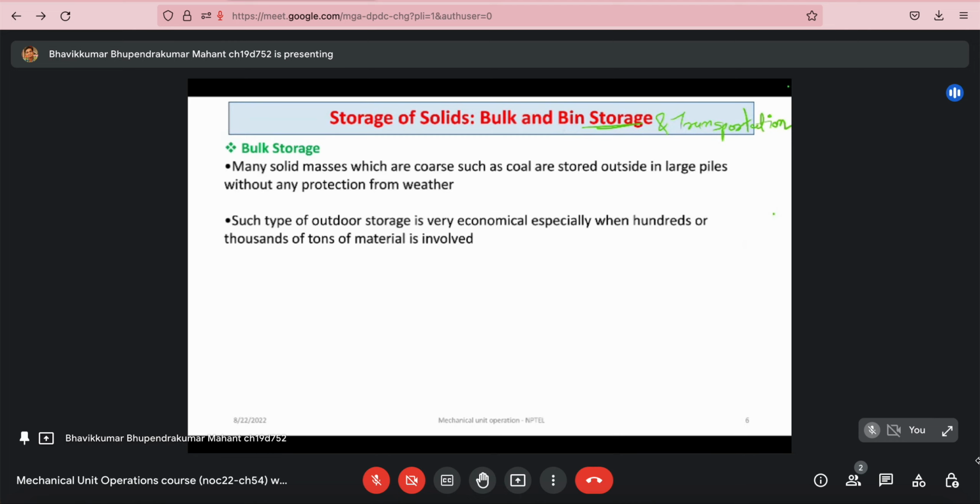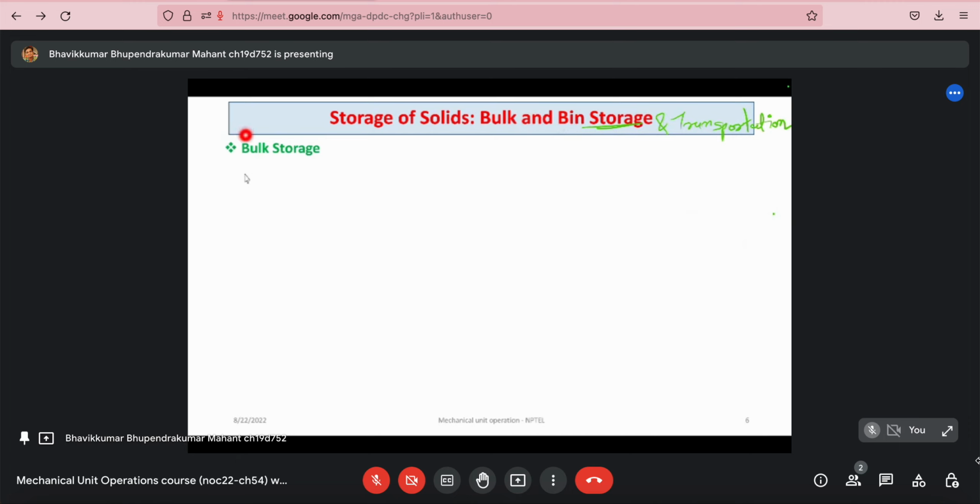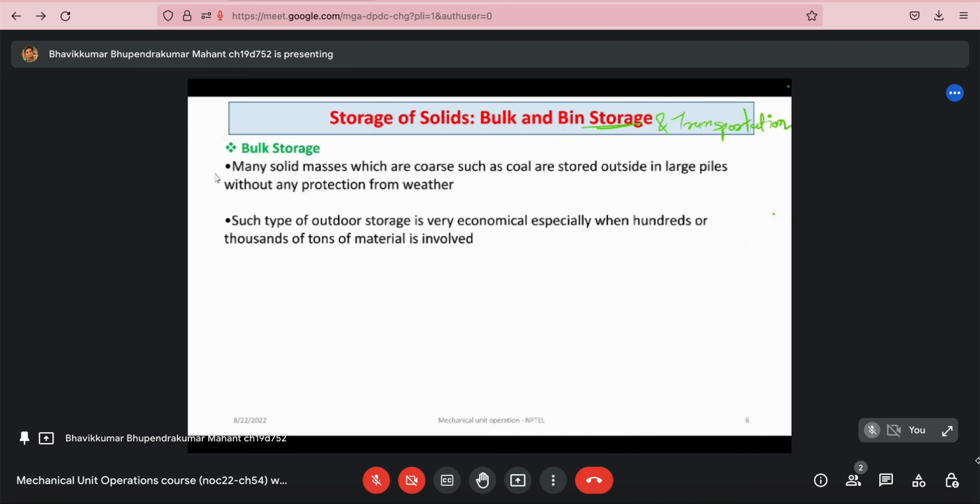In bulk storage, many solid masses, which are coarse materials such as coal particles, are stored outside in large piles without any protection from weather.